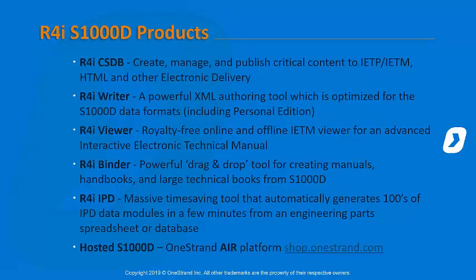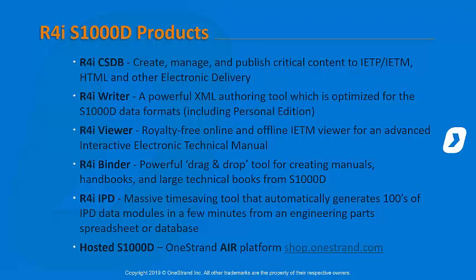In regard to our products, they're known as the R4I S1000D suite of products. This is not all the products, but the common ones that people use on a day-to-day basis. We have the CSDB, or Common Source Database, which is essential for managing and publishing your content to IETP or IETM and other electronic delivery. R4I Writer is our powerful XML authoring tool, and we've optimised that for the S1000D data formats.